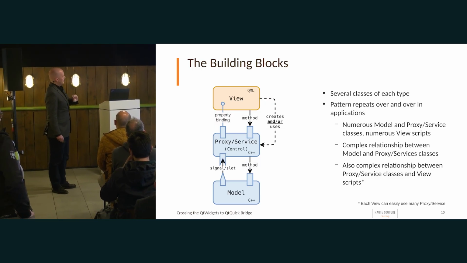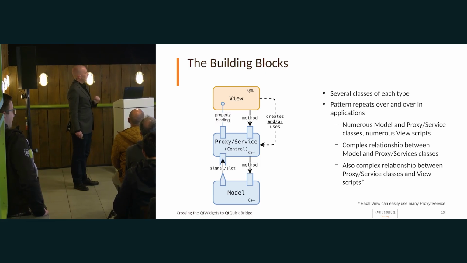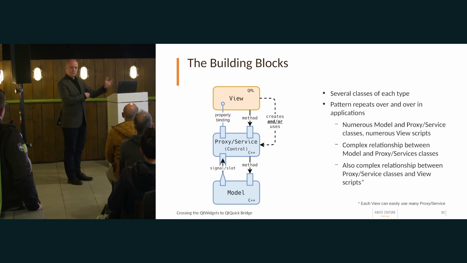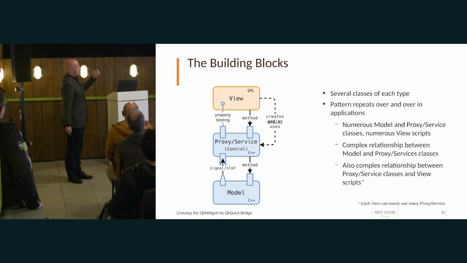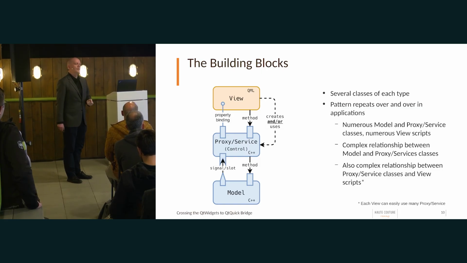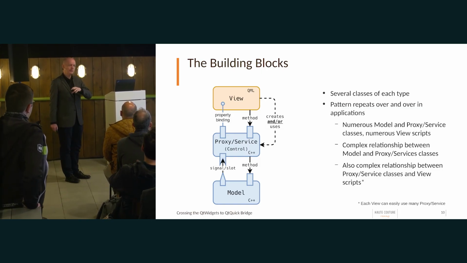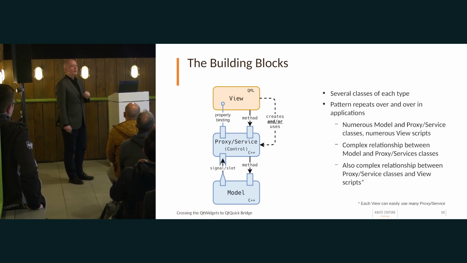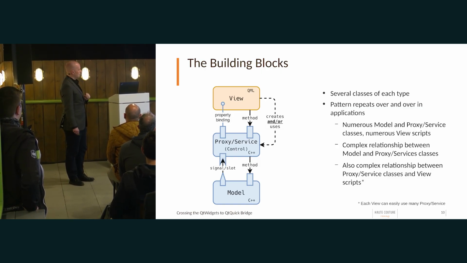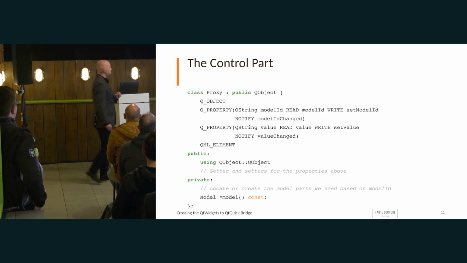That type of architecture, so I kept the name control for you to follow, that's generally what is referred to as the MVP pattern, so model view presenter. That's generally the way you would structure that.